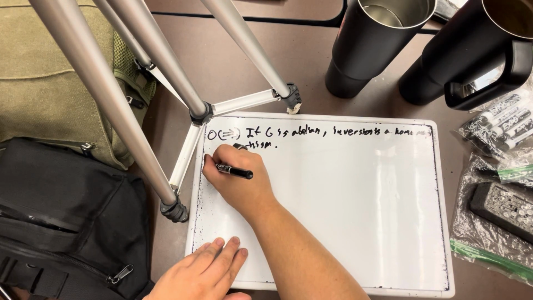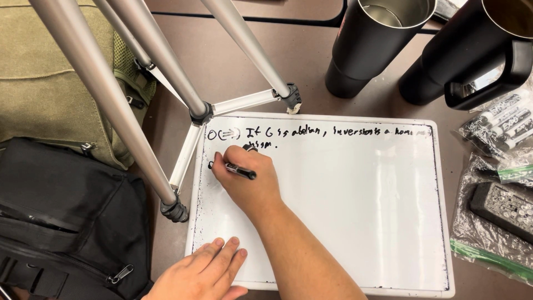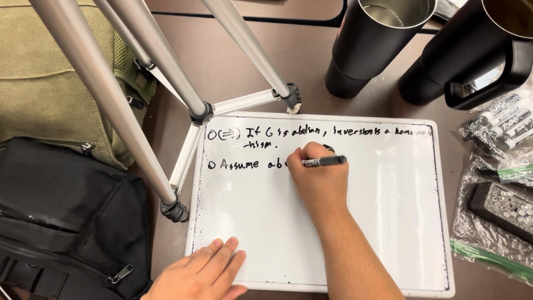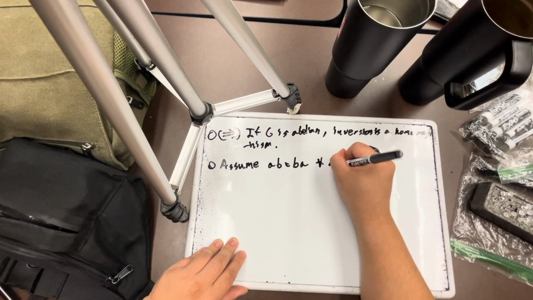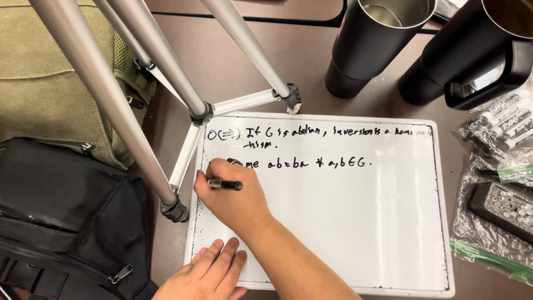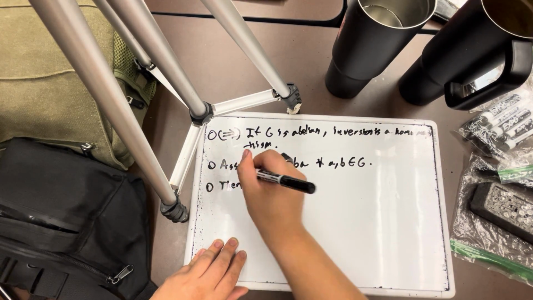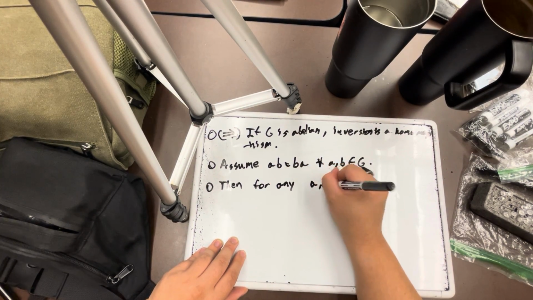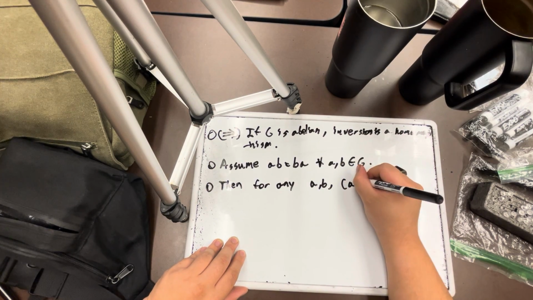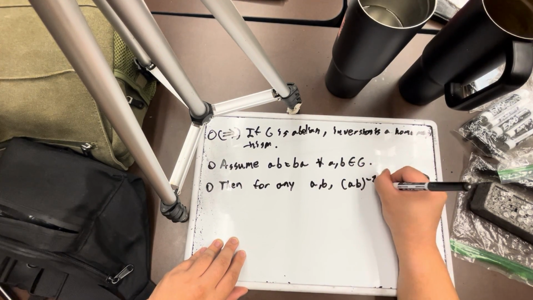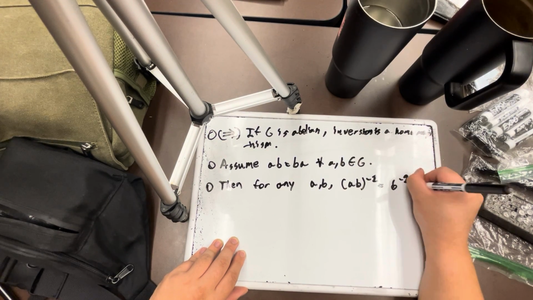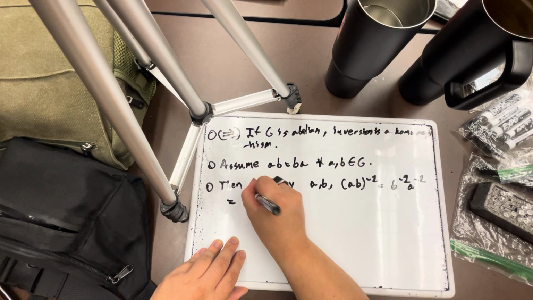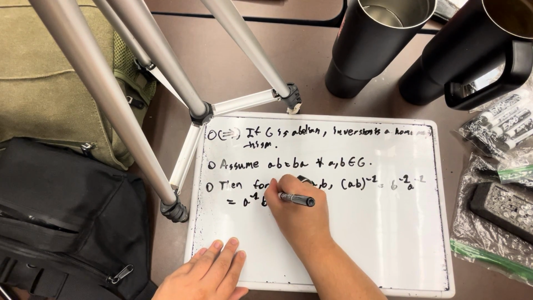Okay, so let's assume then that AB is equal to BA for all A, B contained within G. Then for any A, B, we have that (AB)^-1 is equal to B^-1 times A^-1, and that itself is equal to A^-1 times B^-1.